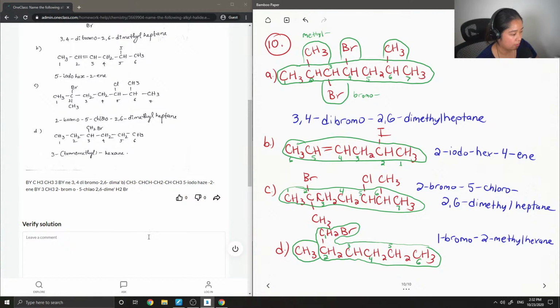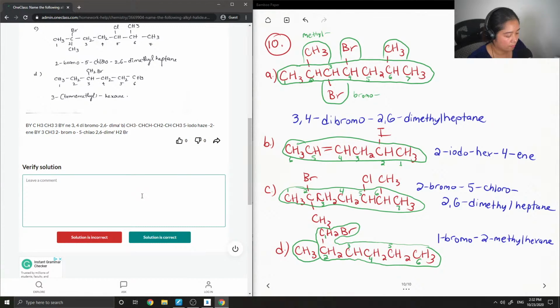So I'm just going to rewrite for B and D. So B can be 2-iodohex-4-ene if we want the lowest number in our name.